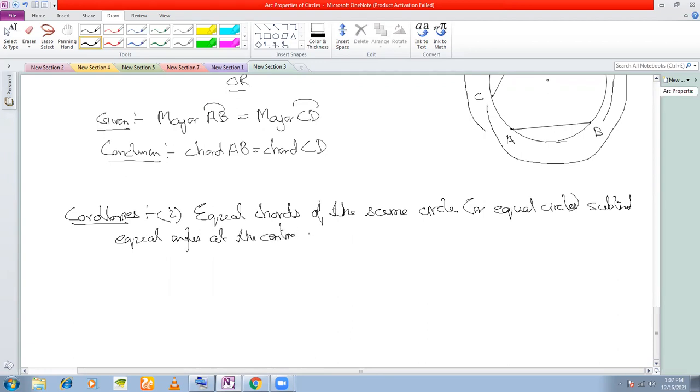Subtend equal angle at the center of the circle or circles in case of two circles. Circle, singular or circles. What does this mean?